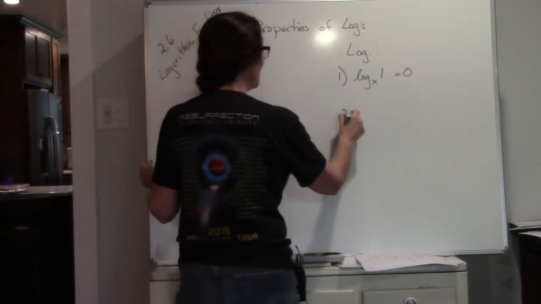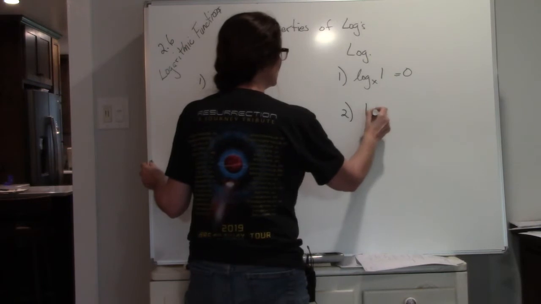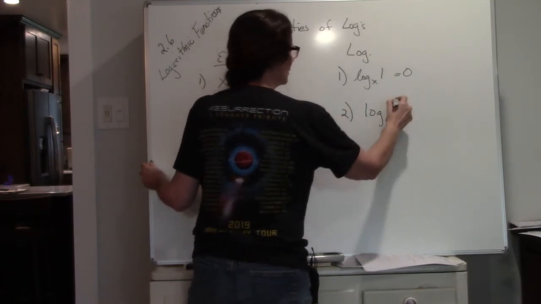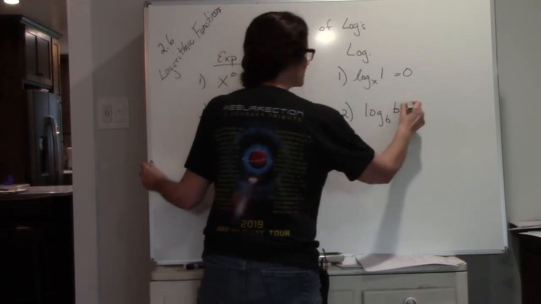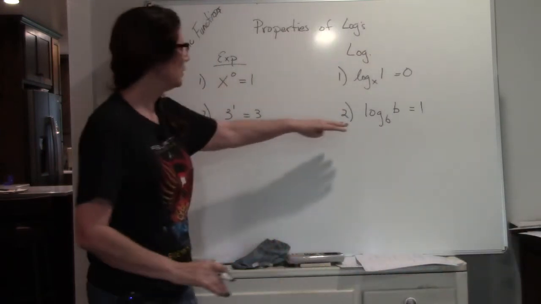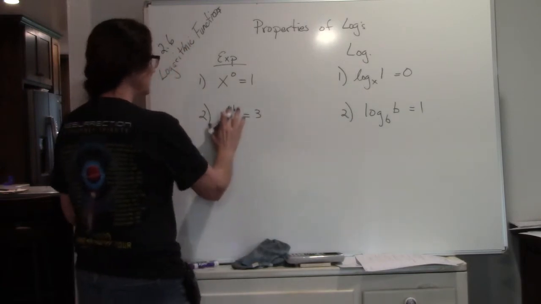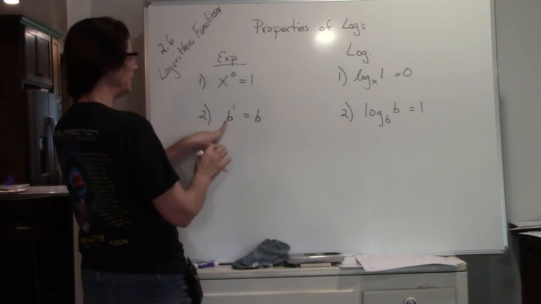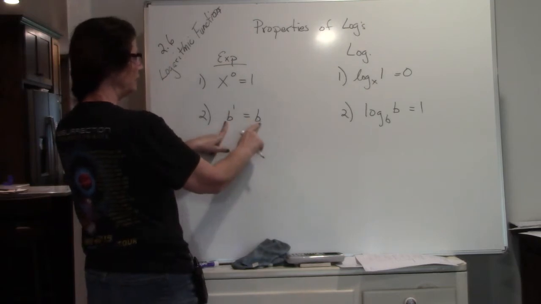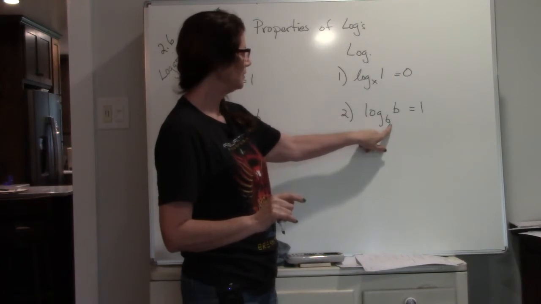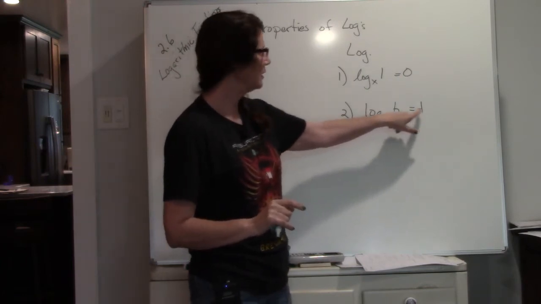Well, as a log, it could look like this: log base b, whatever your base is, of b is always going to equal 1. So in general format, b raised to the first power gives me b. Log base b of the total b gives me 1.